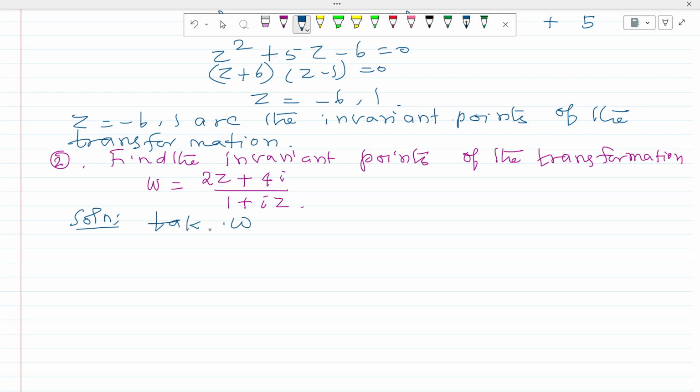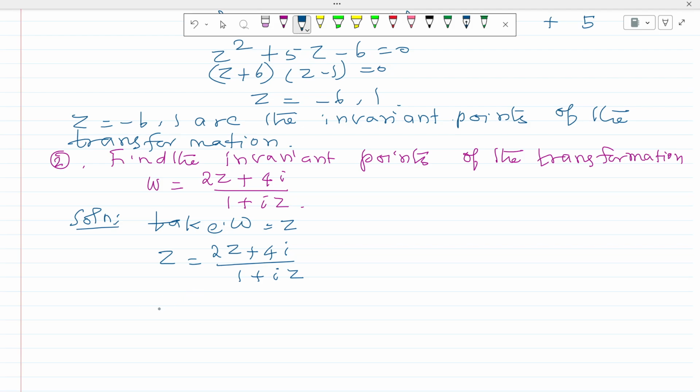Take W equal to Z in the equation. When you substitute W equal to Z, we get Z equal to (2z plus 4i) divided by (1 plus iz).